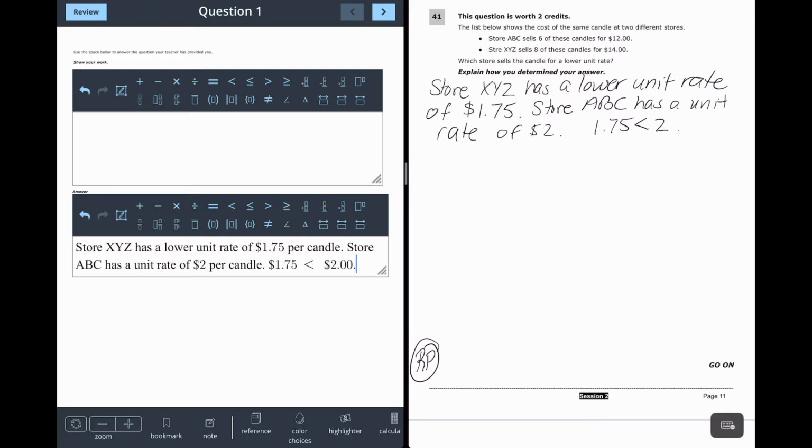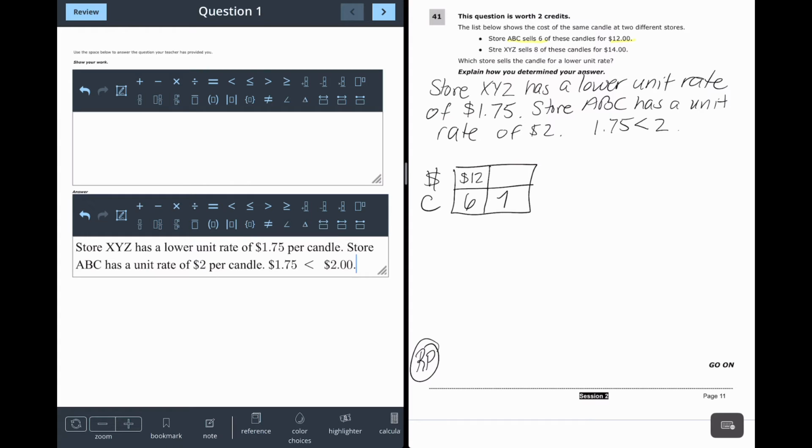So how do we show our work for this? So here we go. If you have this, great. Make sure you have full complete work though. ABC has candles 6 for $12. So I'm going to make my ratio table, and I have $12 for 6 candles.